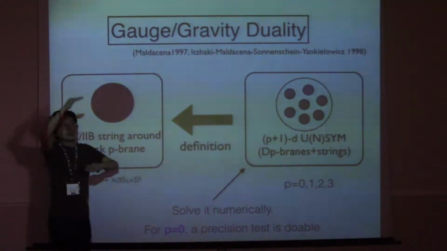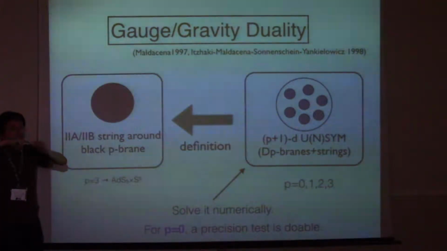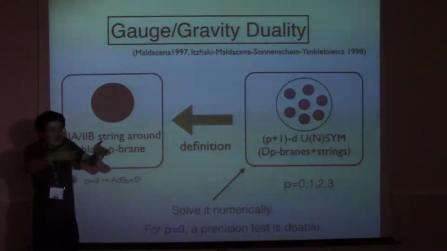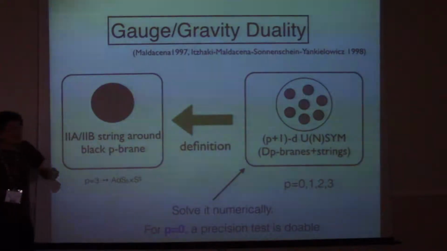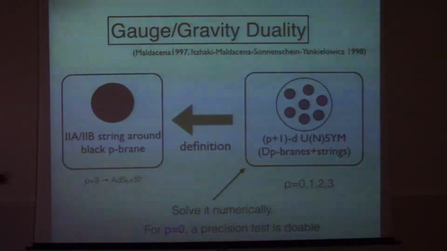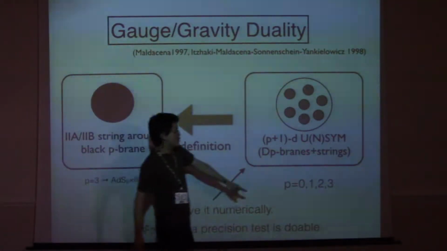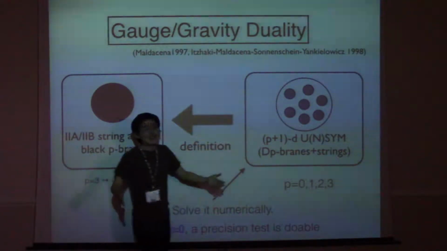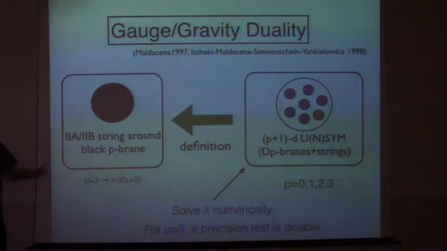It's just matrix quantum mechanics, and you only have the time direction, so you just have to discretize time. But if you have 3-dimensional space, you also have to discretize the space dimensions as well. So if you have 10 points for each direction, then for p equals 3, you need 10 to the 4 points. But for p equals 0, you only need 10 points. So simulation is much cheaper. This is the reason smaller p is good.